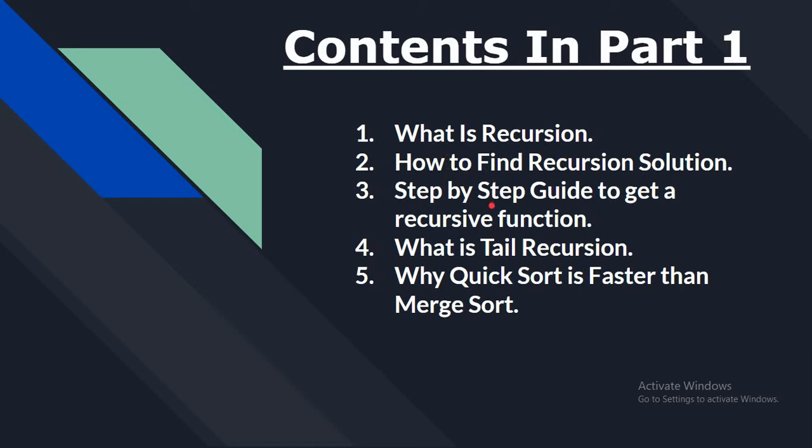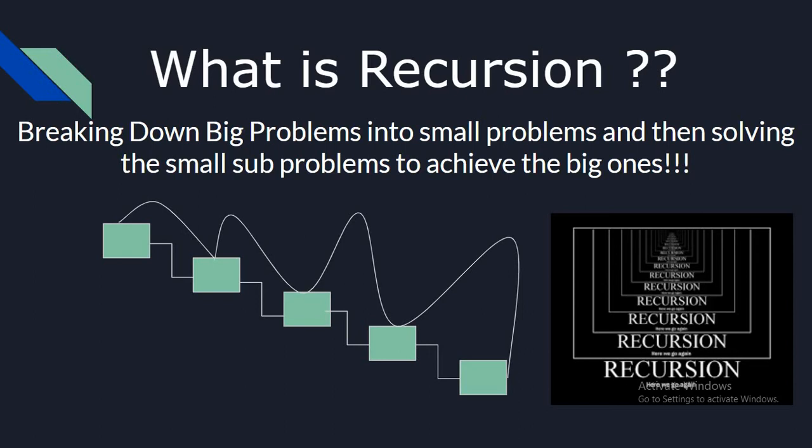Then we will go step by step to get into that recursive function, and then we will see what tail recursion is, and then we are going to see an important concept: why quicksort is faster than merge sort, and why we use quicksort in C++ functions. So in every sort function actually. So let's get started. First, what is recursion?